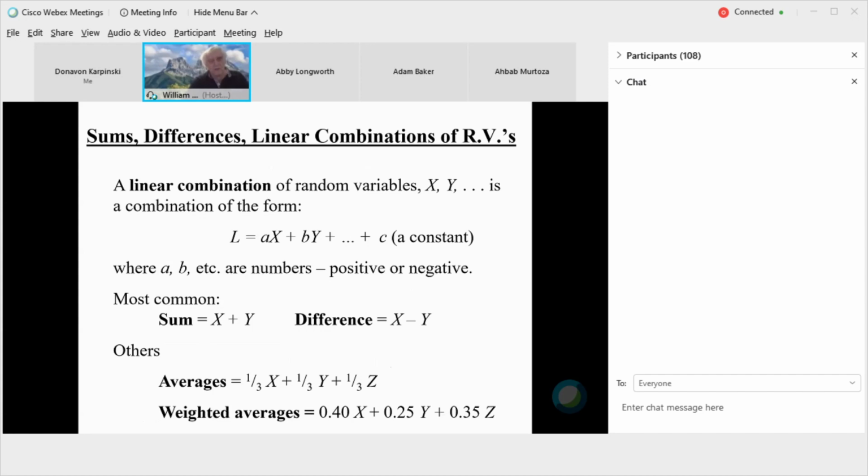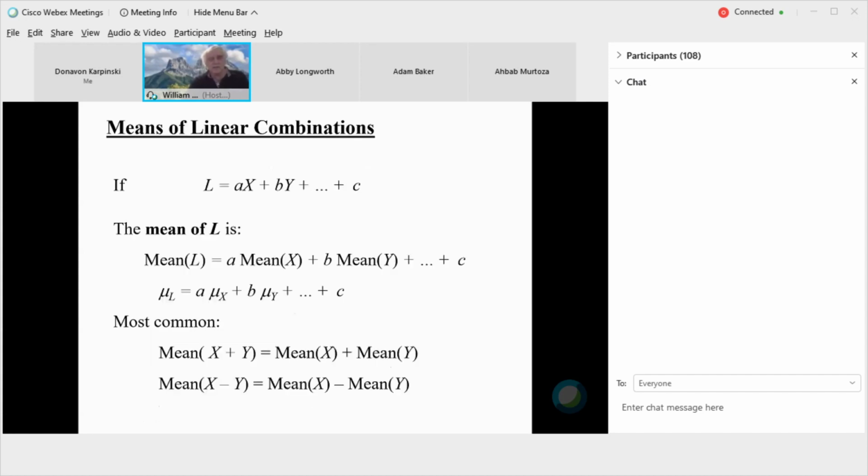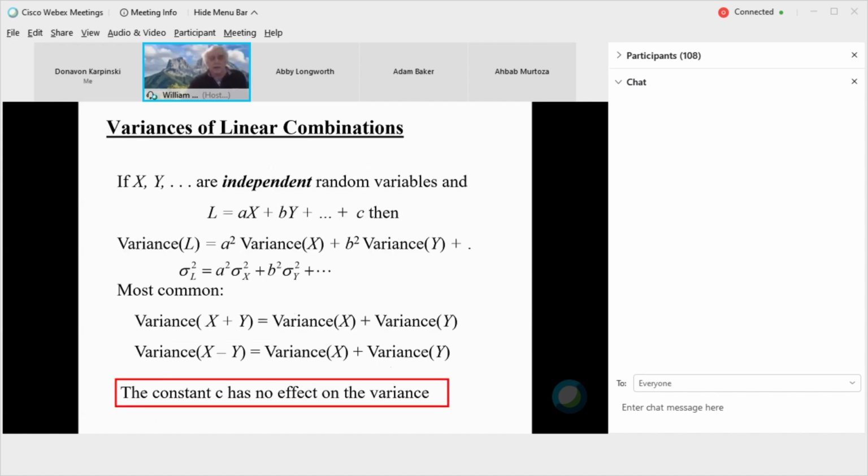There are the common random variables. The mean: you compute the mean of a linear combination in the same way you compute the linear combination from x, y, and z. You just replace x by the mean of x, y by the mean of y, and so on.